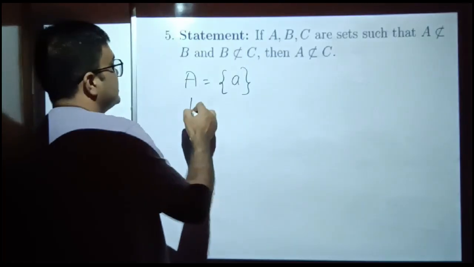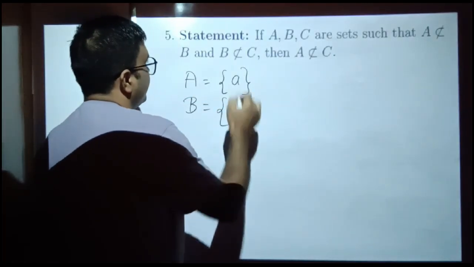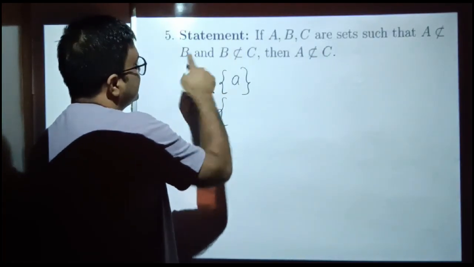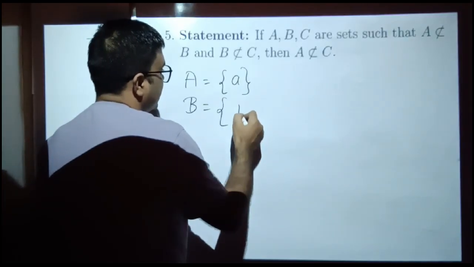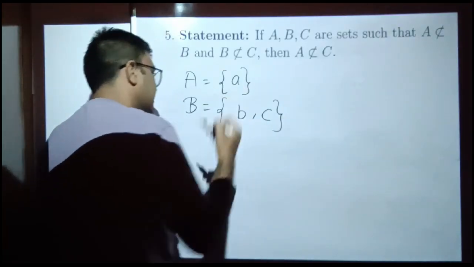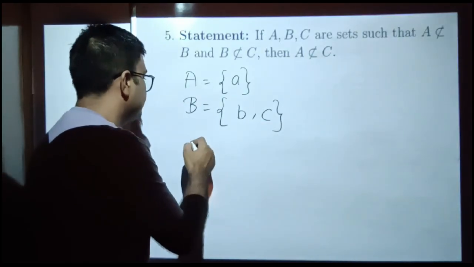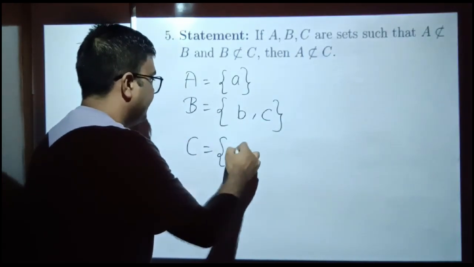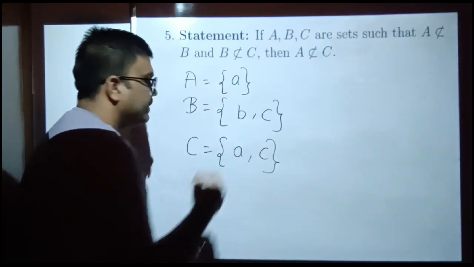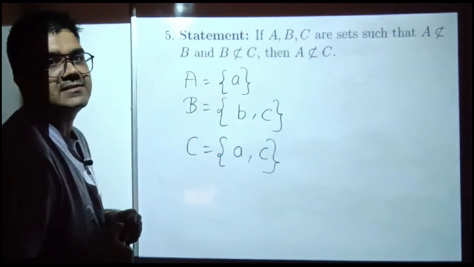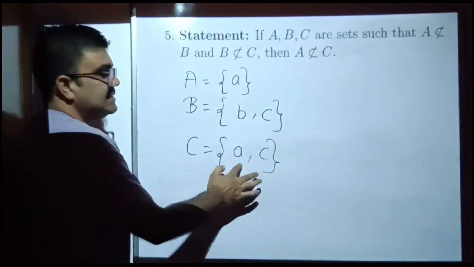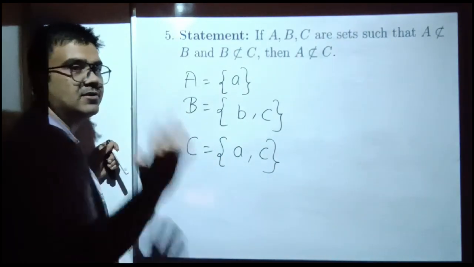We are talking about the set B. We are saying A is not a subset of B. It means a is not the element over here. We are writing the elements, say b and c. And B is not a subset of C. The element b is not present over here, it means B is not a subset of C.